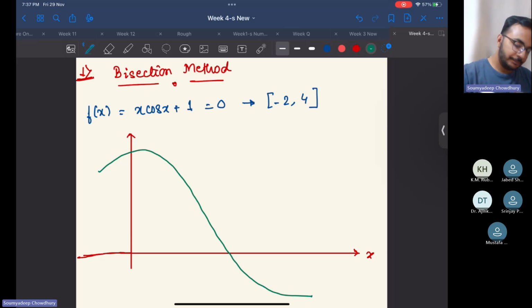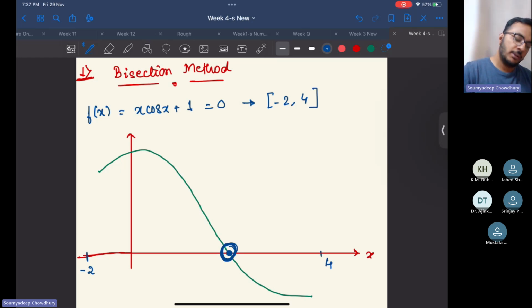You can see here, your root is here, right? So this is your root. Suppose our initial bracket is given as -2 and 4. This is -2 and say this is 4.